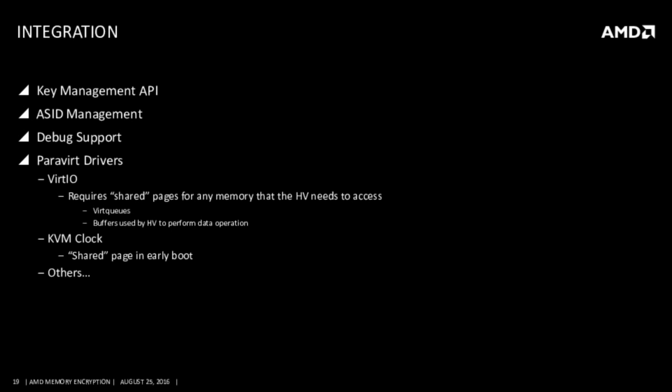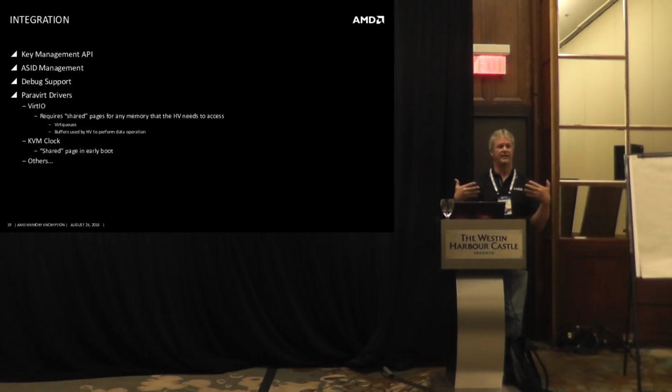Paravirt drivers, so this is going to be one of the more interesting things. Any paravirt driver that's going to need to have memory shared between the host and the guest is going to have to be marked as unencrypted, right? So with VirtIO, we're going to have to make sure that the virtqueues and any buffers that are used are marked unencrypted.